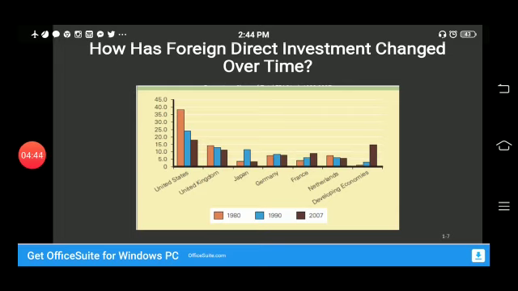This figure shows that the stock of the foreign direct investment by the world's six most important sources has changed significantly from 1980 to 2007. In particular, notice the decline by the US and the increase by France and the world's developing countries.